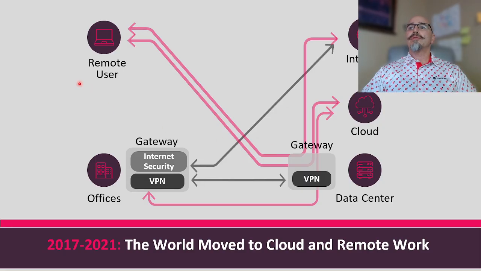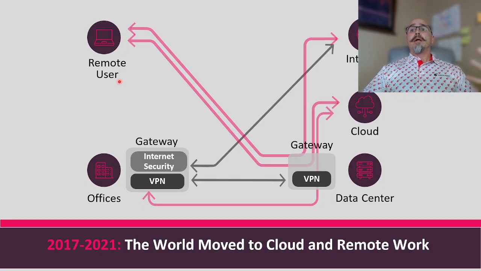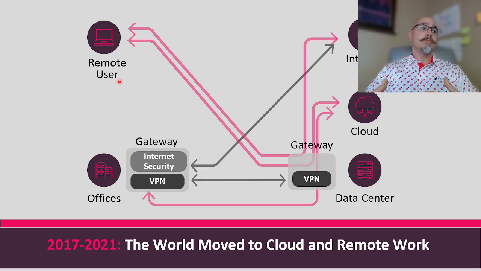Now your users are no longer at the castle, the really well protected office where perimeter security was everything. Now they're out here in the wild. They're at home, they're at Starbucks, they're on a plane, they're on a train, they're everywhere. And they're connecting to networks that you don't own, that you don't secure.